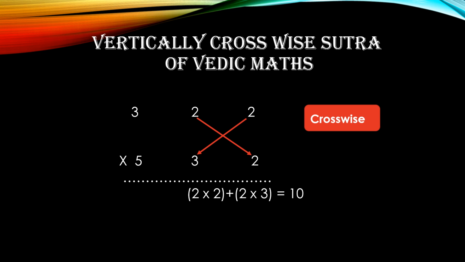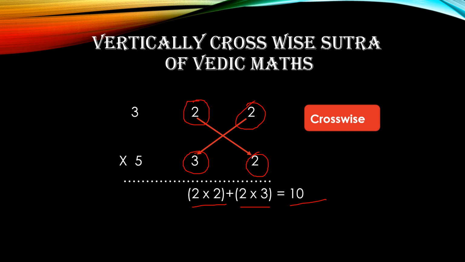Now we multiply the number 2 to 32. That is tens place digit of first number with unit place digit of second number and multiply tens place digit of second number with unit place digit of first number. We get 2 multiplied by 2, 4, and 3 multiplied by 2, 6. 4 plus 6 is 10.